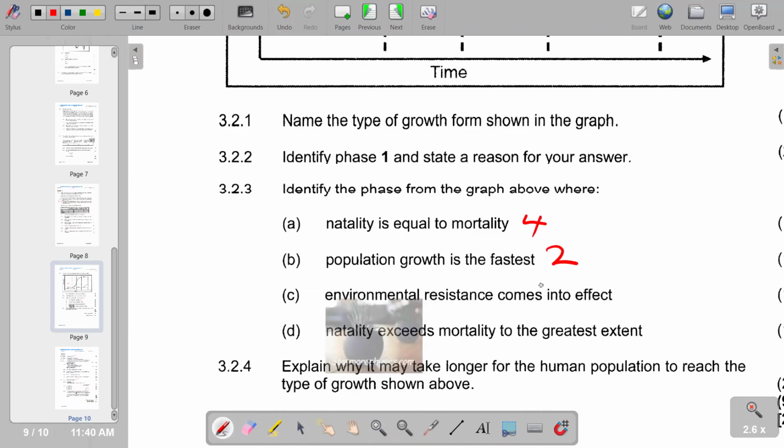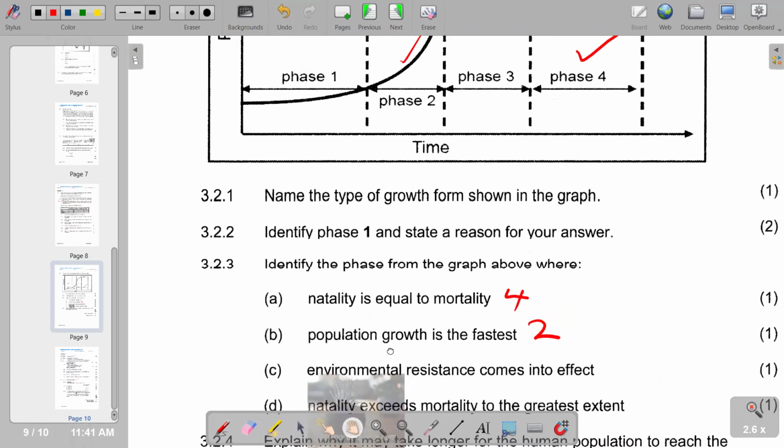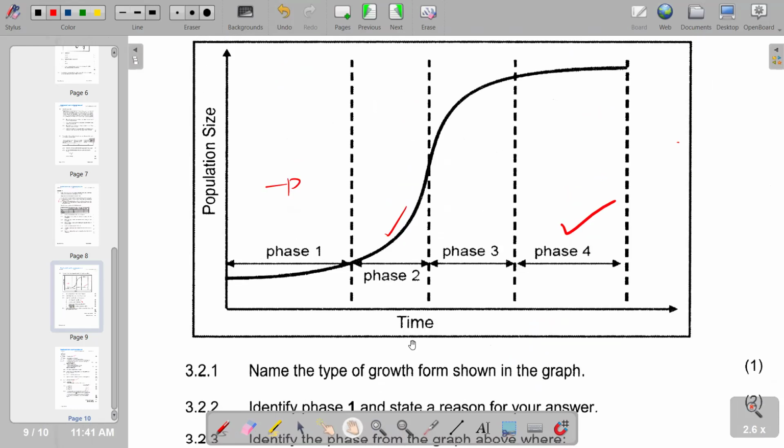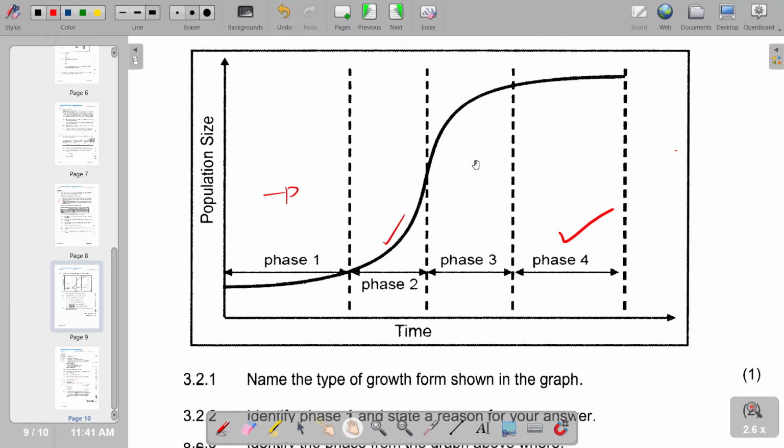And where the environmental resistance comes into effect, we check and see that we have phase 3, where it is gradually becoming flatter. So we have phase 3 indicated here.